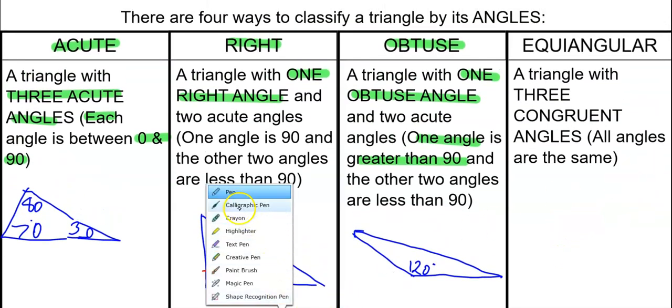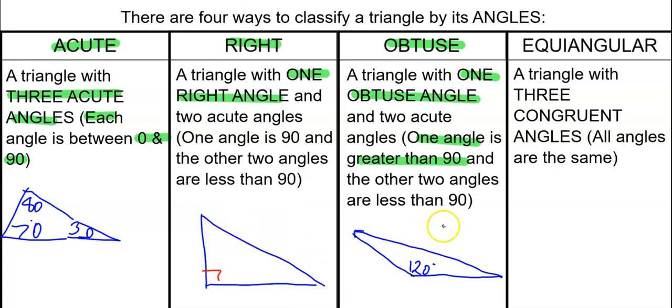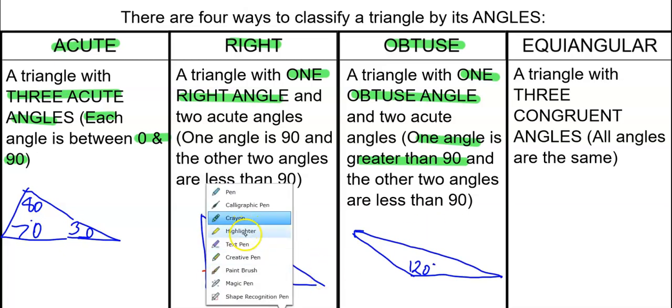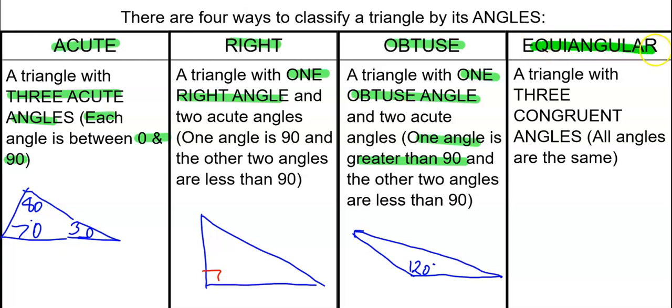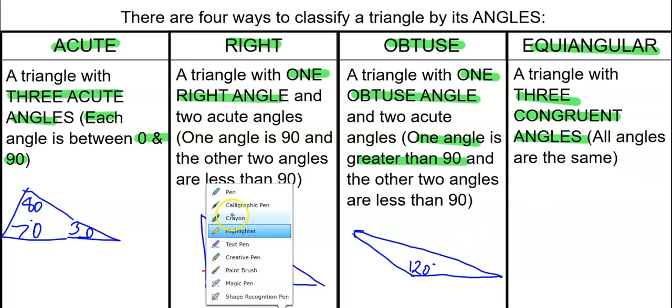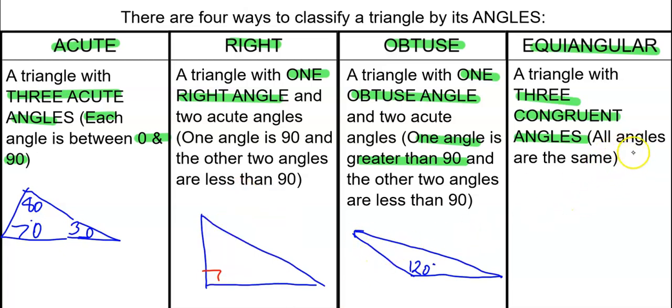And then our last one by angle is called equiangular. Equiangular will have three congruent angles. When we say all angles are the same, that's true, but what we are going to find out later is that will always be 60 degrees. So equiangular would be this.